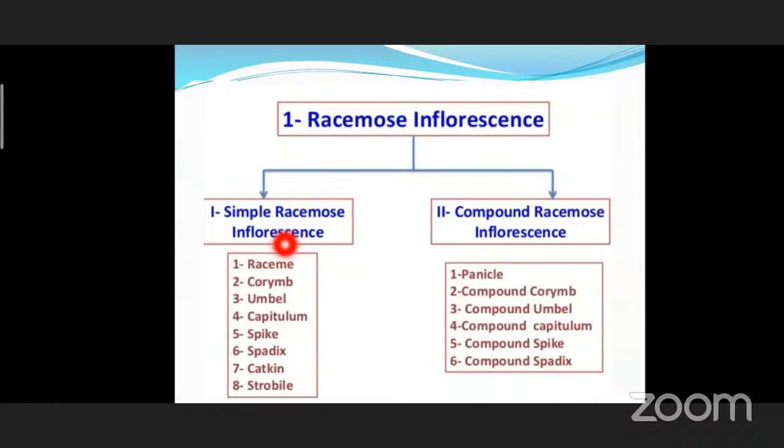The simple racemose inflorescence again divides into subtypes. First one raceme, second one corymb, third one umbel, and fourth one capitulum or head inflorescence. Fifth one spike, sixth one spadix. The compound racemose inflorescence also divides into subtypes.